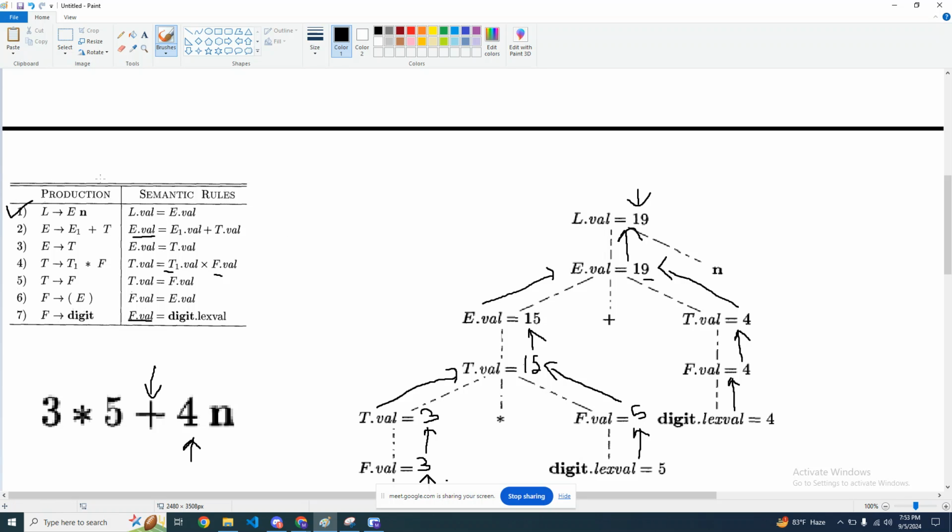Syntax directed definitions are nothing but production rules and semantic rules, right? Here we have two types of SDD. Previously we learned about the attributes, and these values are the attributes. The attributes are of two types: synthesized attributes and inherited attributes.